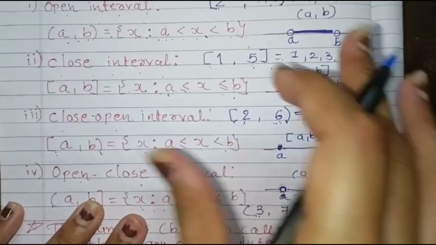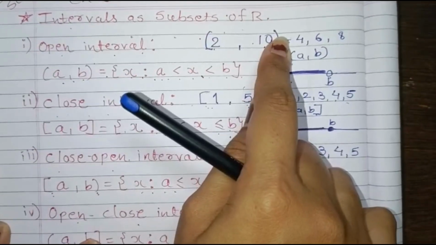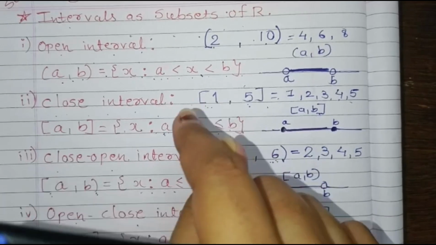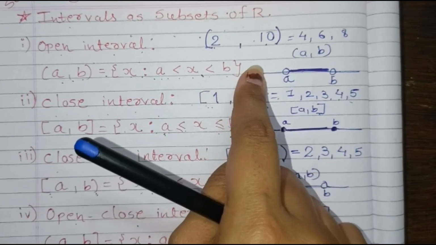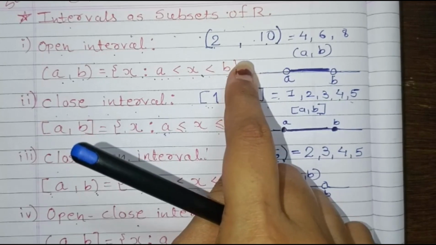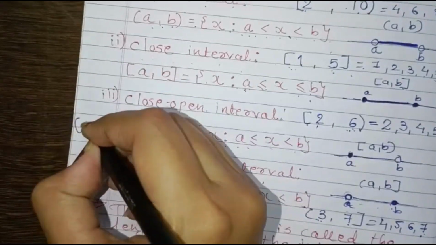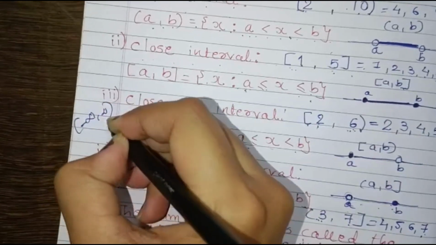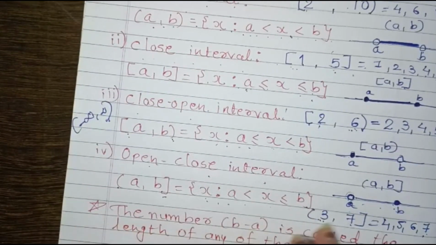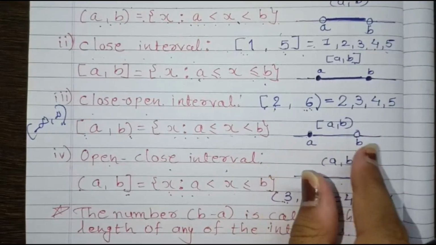Again, please remember these 4 intervals as subsets of R. They all belong to the real numbers R, the set minus infinity to infinity. Please remember the set minus infinity to infinity describes the set of real numbers in relation to a line extending from minus infinity to infinity.